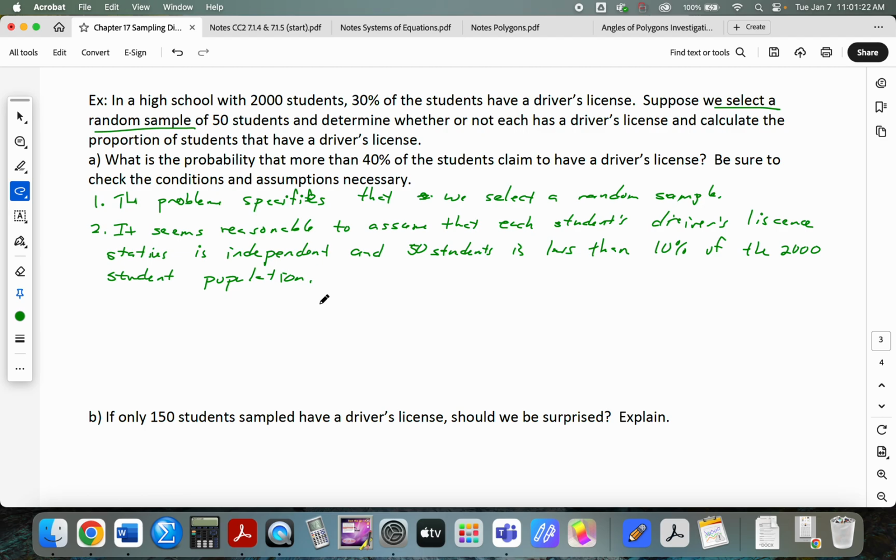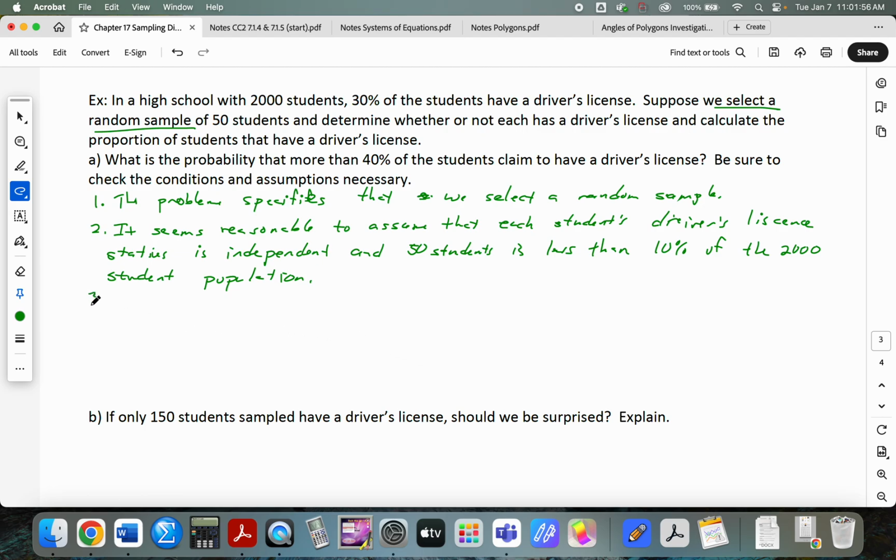And so, because there are so many, they may not actually be independent of one another, because if their parent works for this, they may be more likely to have gotten a license, right? And if one has multiple children, then they may not be independent of each other. That's not a very good example, but you kind of get there may be other factors. They don't mention those other factors though, so there's no point. Right. Yeah, we can't know for certain, but I can't immediately think of something that would cause it not to be.